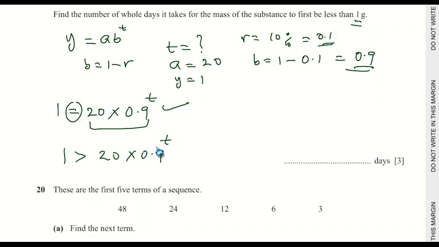So if you put, let's say, t is 20, put this into your calculator. You try to improve it until you get a value that is less than 1 here. So if you try 28, it's going to be 1.